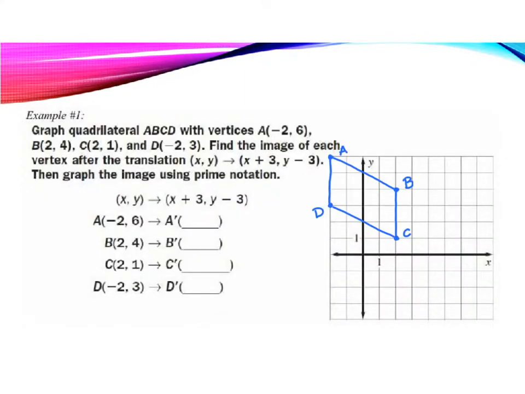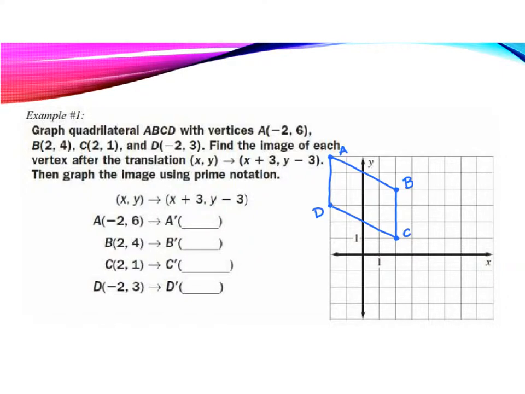But here we go. We're going to translate this figure right here that I've already drawn out for us. And where I get that figure is this right here. My value of A is negative 2, 6, so plot it. B, 2, 4, plot that. C, 2, 1, I plotted that. And D, negative 2, 3, plotted that. So our translation is going to happen with this rule that we're given right here.